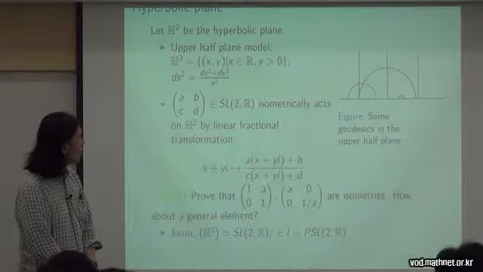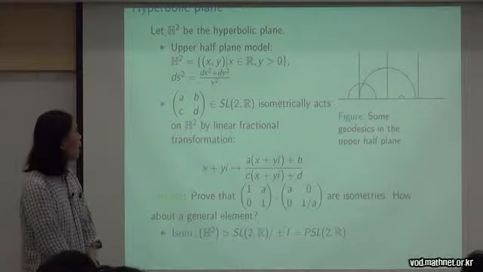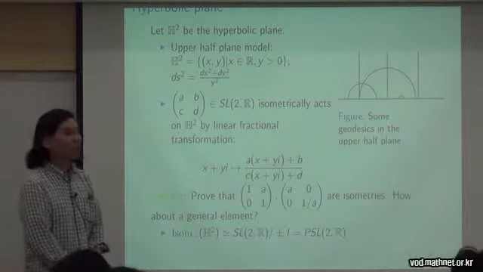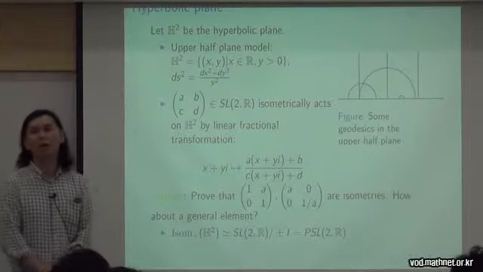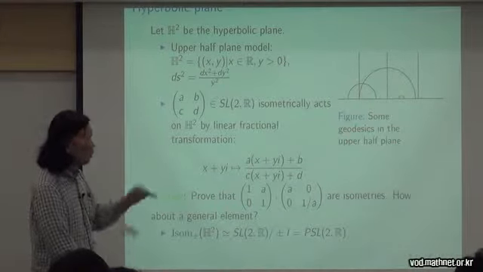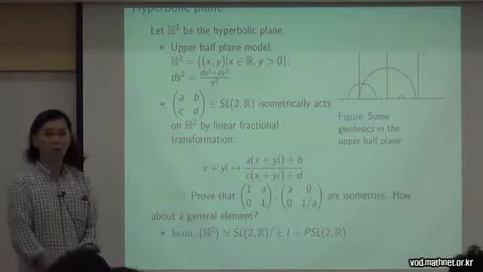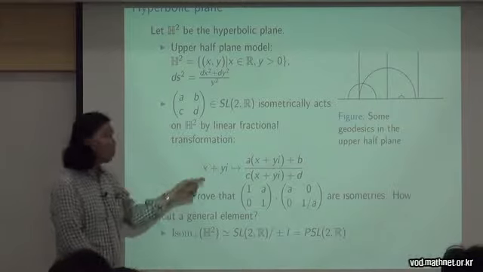Now if you have 2 by 2 matrices of determinant 1, namely (a b; c d) in SL2R, then it acts on the upper half plane by the so-called linear fractional transformation, which is given here.